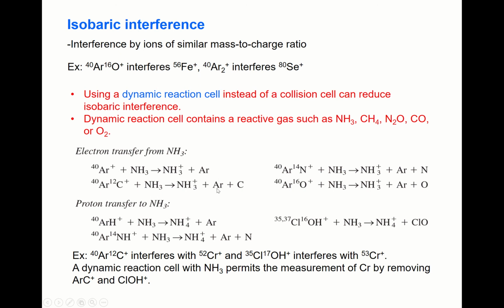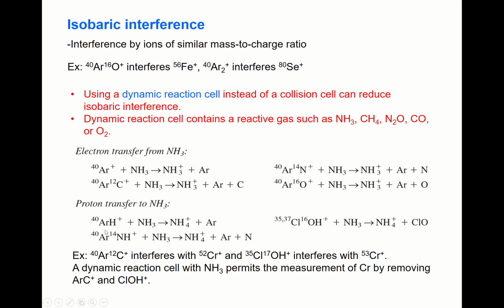They are neutral species, so they don't interfere with the measurement. And this one, likewise, reacts with ammonia. This is electron transfer: here, an electron from ammonia is transferred to this ion. And also proton transfer is possible.